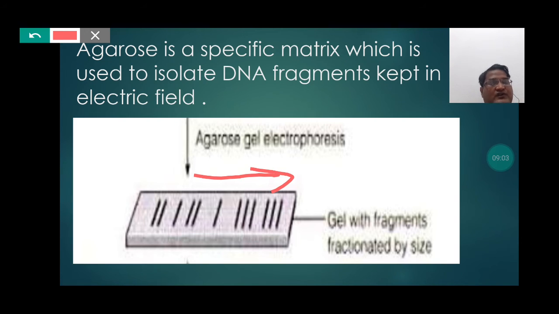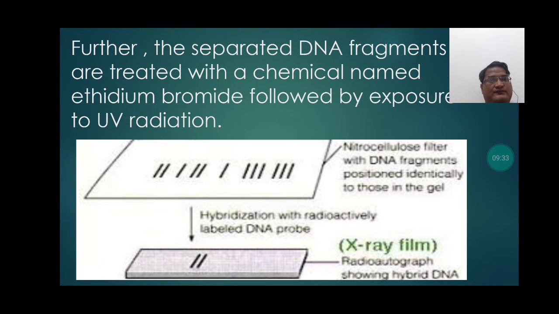Students, here the short fragments are able to move from the negative plate to the positive plate quite quickly, whereas the heavier fragments are not able to move because of their heavy weight, and as a result both the small fragments and the big fragments get separated according to their weight on the agarose gel solution.